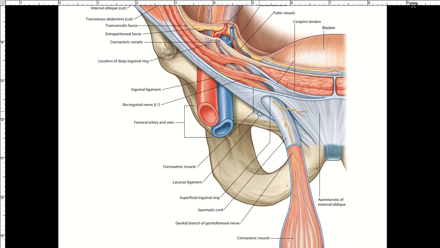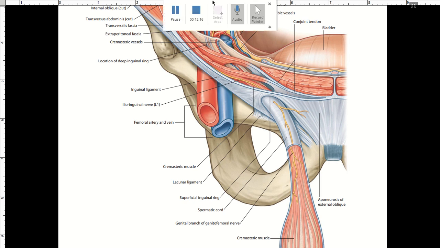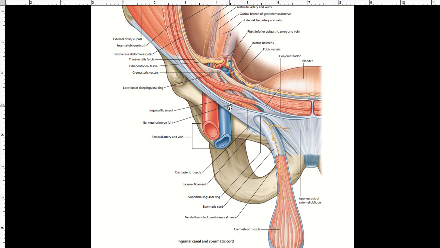These fibers are called the lacunar fibers, or the lacunar ligament, which form the medial portion of the floor of the inguinal canal. They are also called the ligament of Gimbernat.